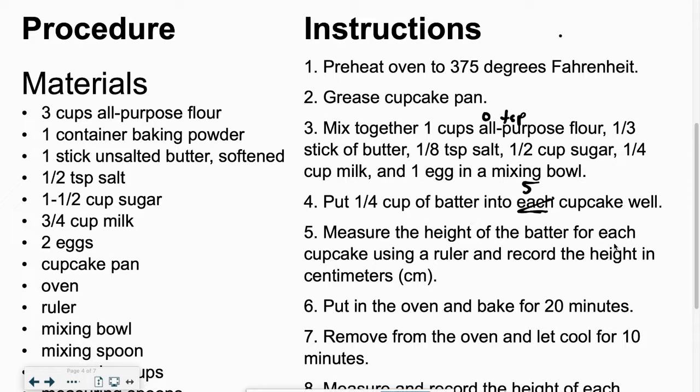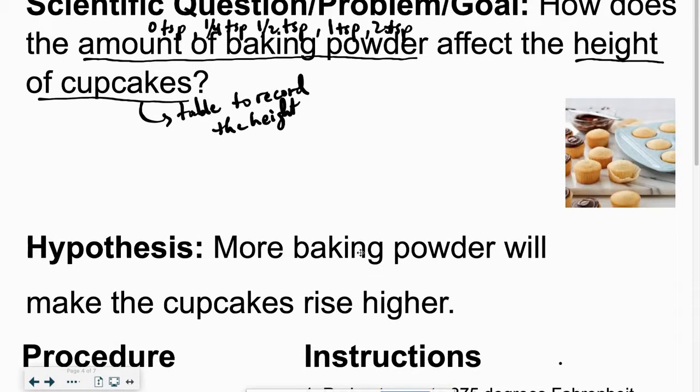So here, when I measure the height of the batter, it's going to be for each of the 5 cupcakes. Okay, so I know that I need to build in these trials in here. So I'm going to make a note that I will have 5 cupcakes, each amount of baking powder.